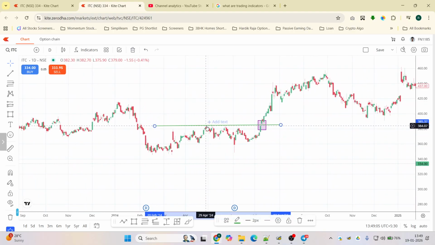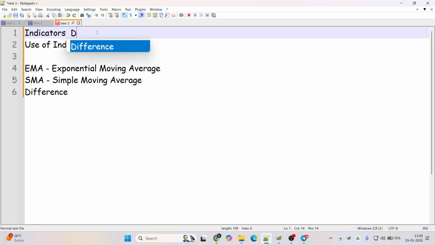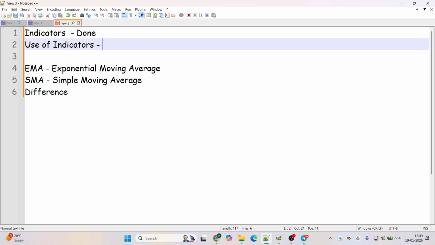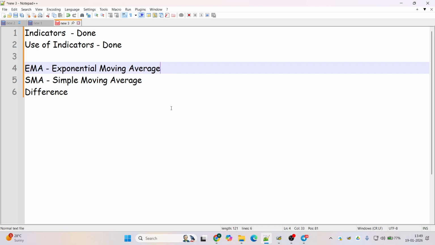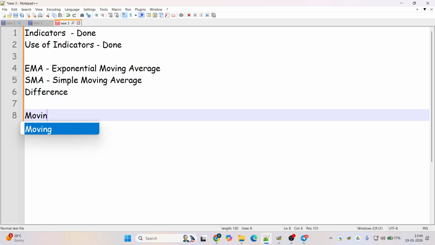So we have now seen what indicators are and what the use of indicators is. Basically, they add confirmation to our trading strategy, whether or not we can go ahead and take that trade. The very first indicator which most traders will be using is the moving average indicator.